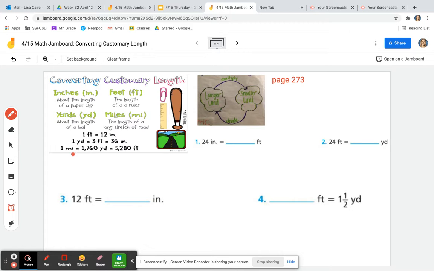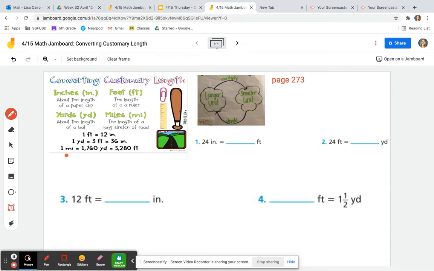And then finally, 1 mile is equal to 1,760 yards and 5,280 feet. So really think about that. If we were to start at Spruce Elementary School and use rulers lined up one after another all the way to Orange Park, we would need 5,280 rulers.